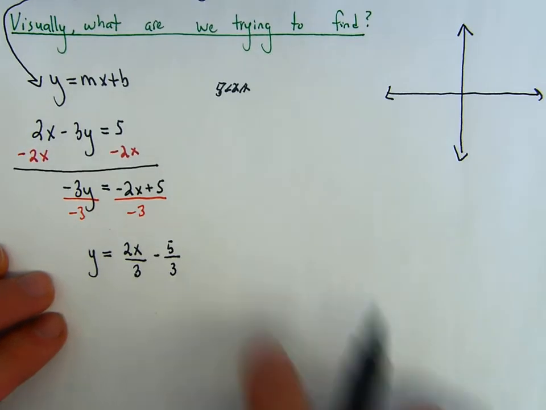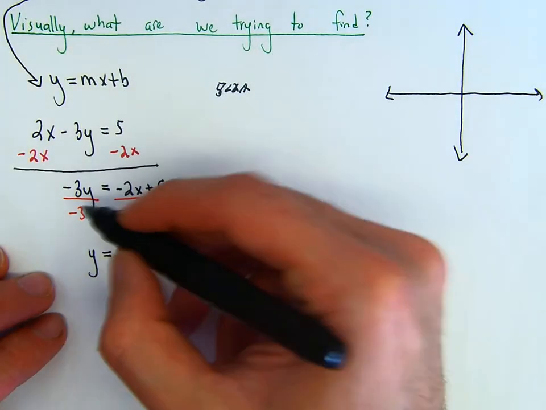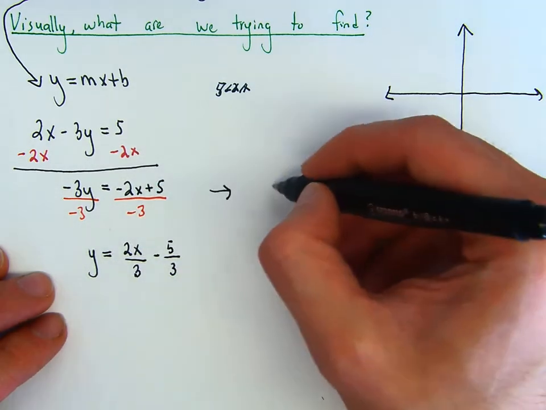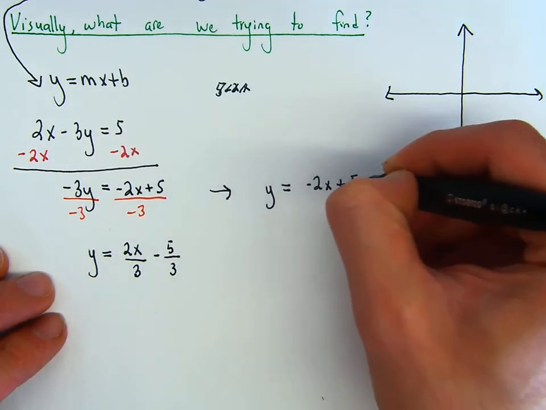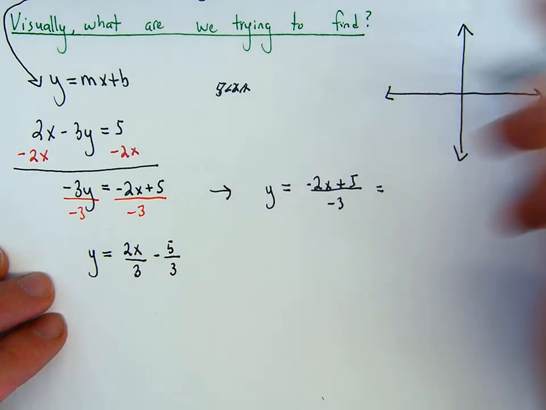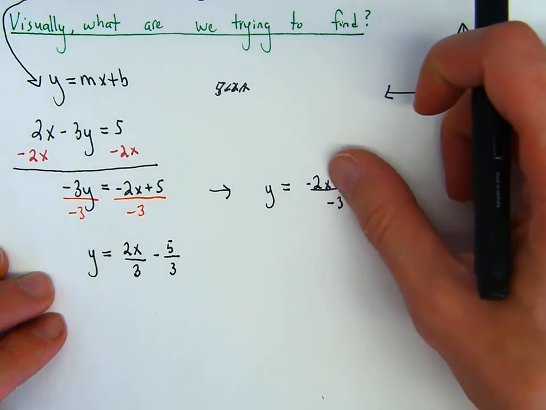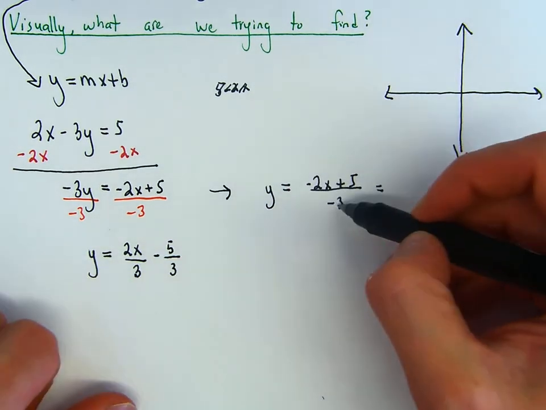Okay? If you want, let me break that step down a little bit further for you. When you divide by negative 3 on both sides, you're really getting y is equal to negative 2x plus 5, divided by negative 3. But then you're dividing this part by negative 3, and you're also dividing this part by negative 3. So what's negative 2 divided by negative 3?